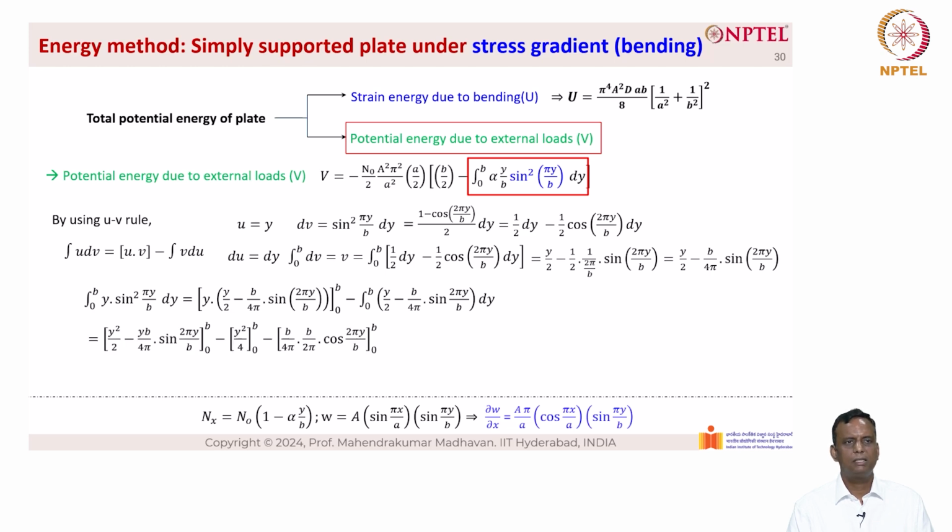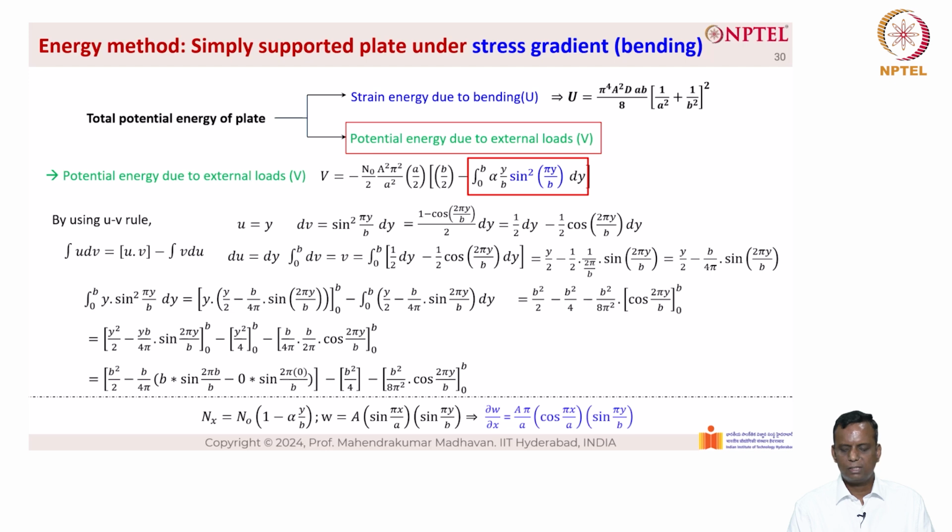So when we multiply this, we have y square by 2 minus yb by 4 pi into sine 2 pi y by b from 0 to b, minus y square by 4 with lower limit 0 and upper limit b, minus bracket open b by 4 pi into b by 2 pi into cos 2 pi y by b bracket close. The lower limit is 0, the upper limit is b.